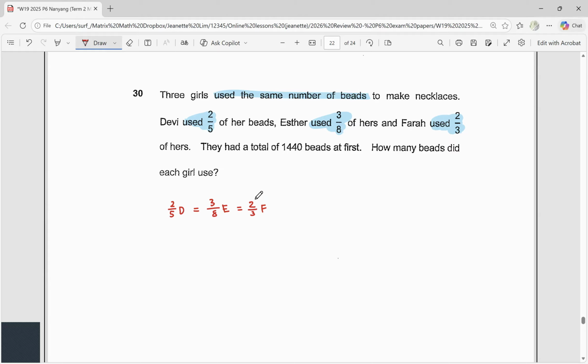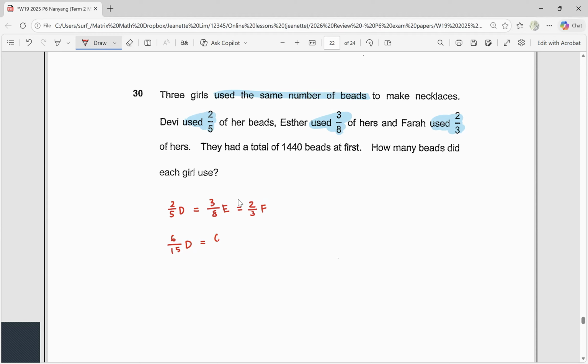Those units are different numbers. Since they are equal, I will try to make them equal by finding the common multiple of 2, 3, 2. So common multiple is 6. I will change all to 6. First one multiply by 3, so 6 over 15.